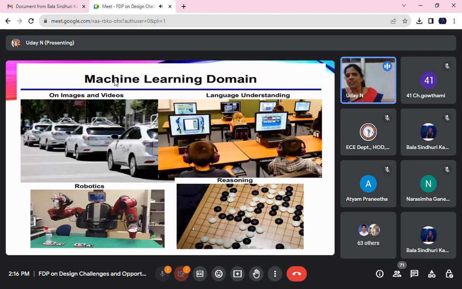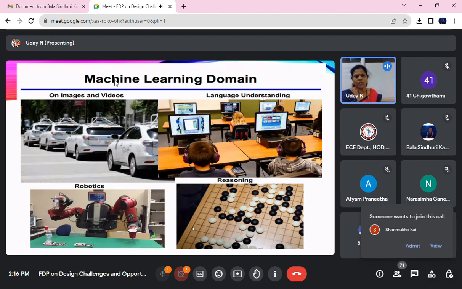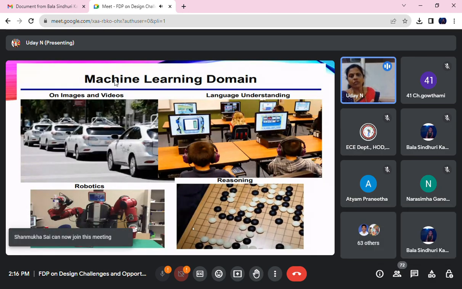Whatever the machine learning or deep learning, they are very much useful on images. Like you go on a traffic, and you need an autonomous vehicle. An autonomous car is going on the road, and it has to understand the scene, the road on which it is traveling.